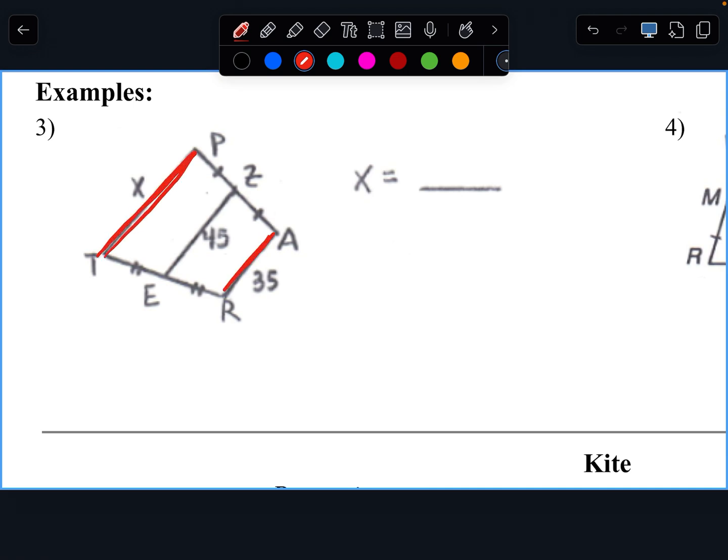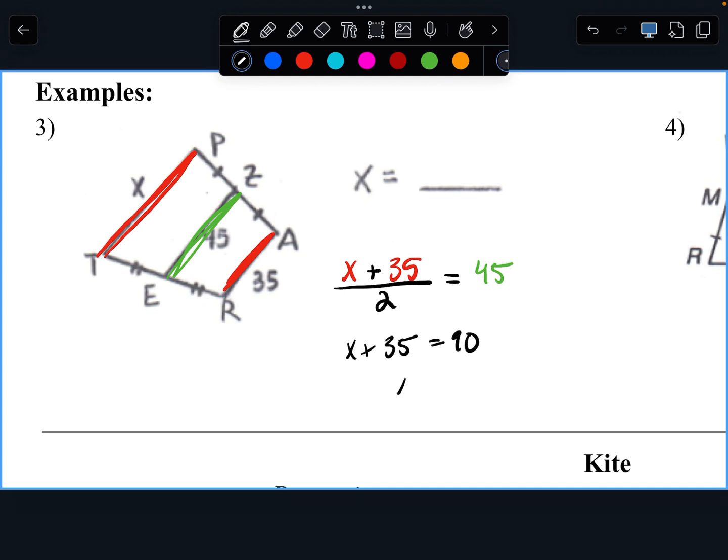So the formula is basically you take X plus 35 and average them. So you add them, divide by 2, and then that equals the middle, 45. And then you can solve it. So I would double both sides, subtract 35. So you would get X plus 35 equals 90, and then you get 55.